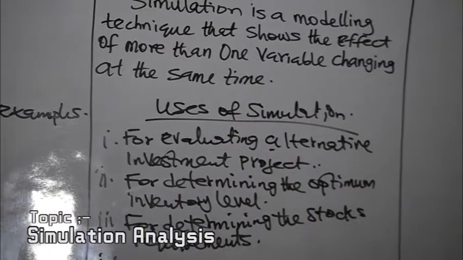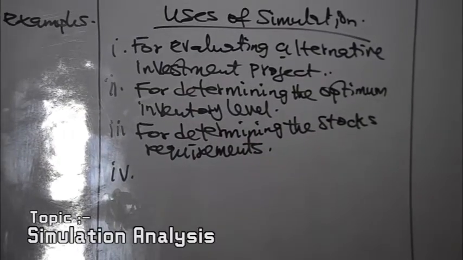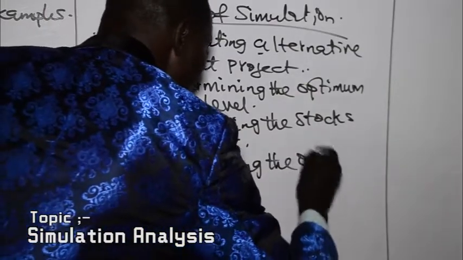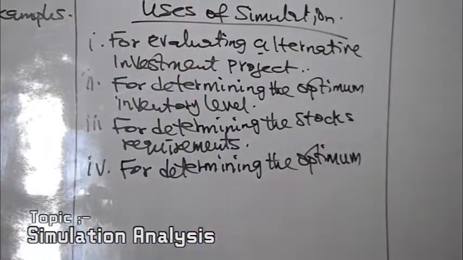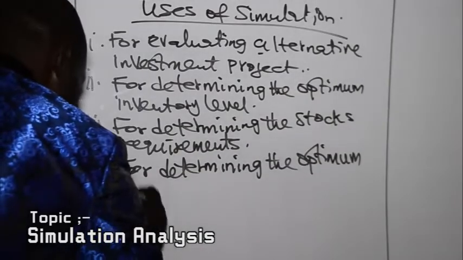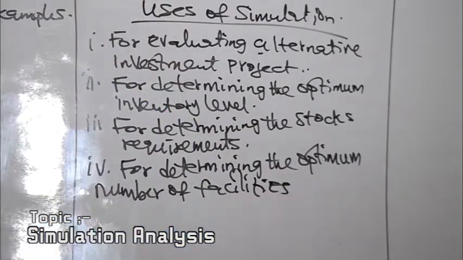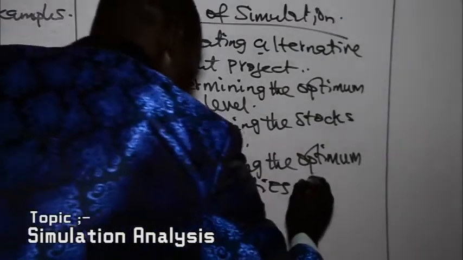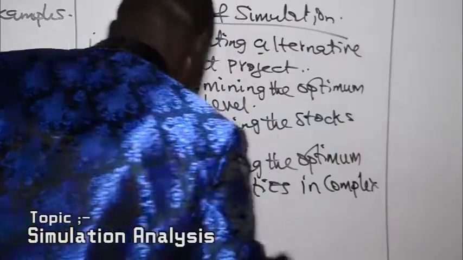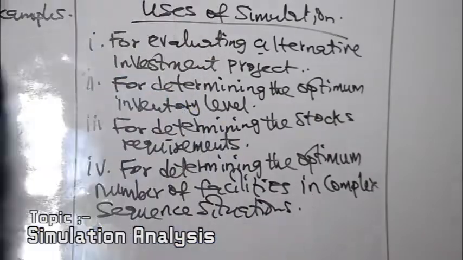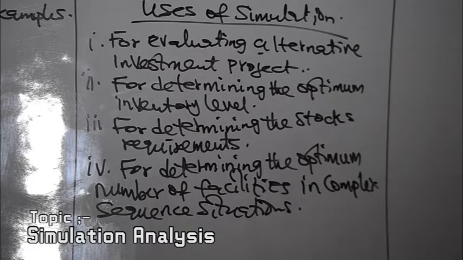Number 4, for determining the optimum number of facilities in complex sequence situations. These are the uses of simulation.